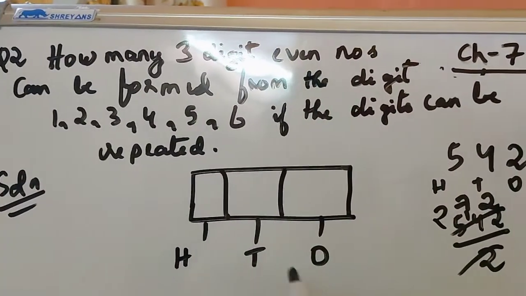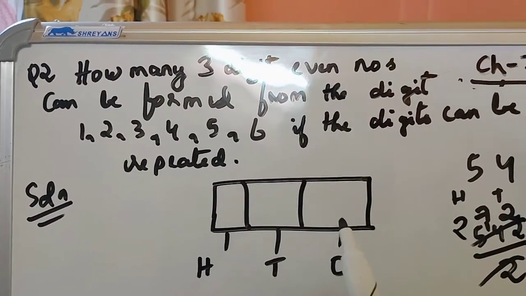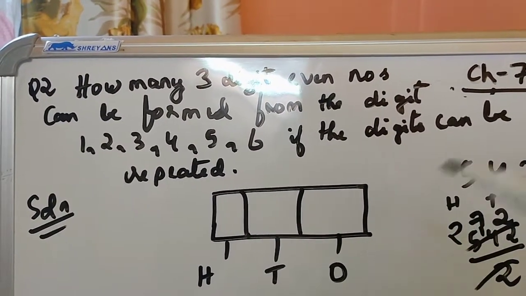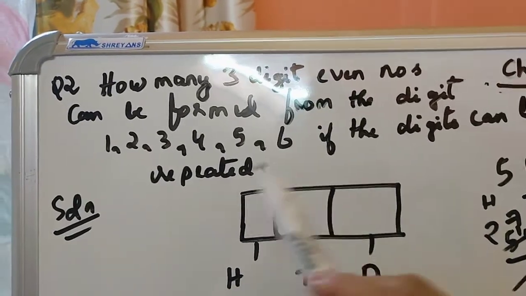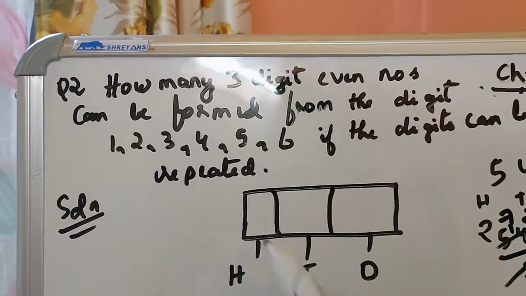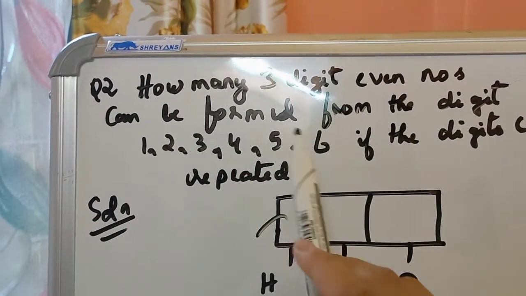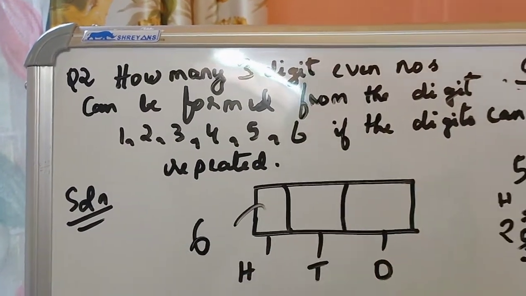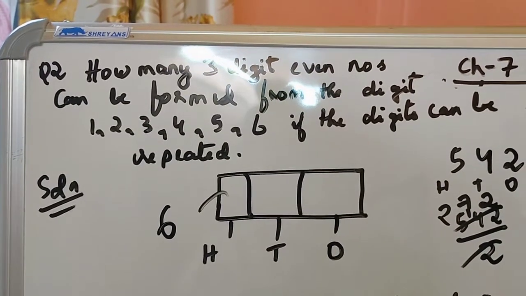Now in the 100 place, how many numbers can be used here? There are 6 numbers: 1, 2, 3, 4, 5, 6. That means here you can start with all the 6 numbers. That is, we have 6 ways.